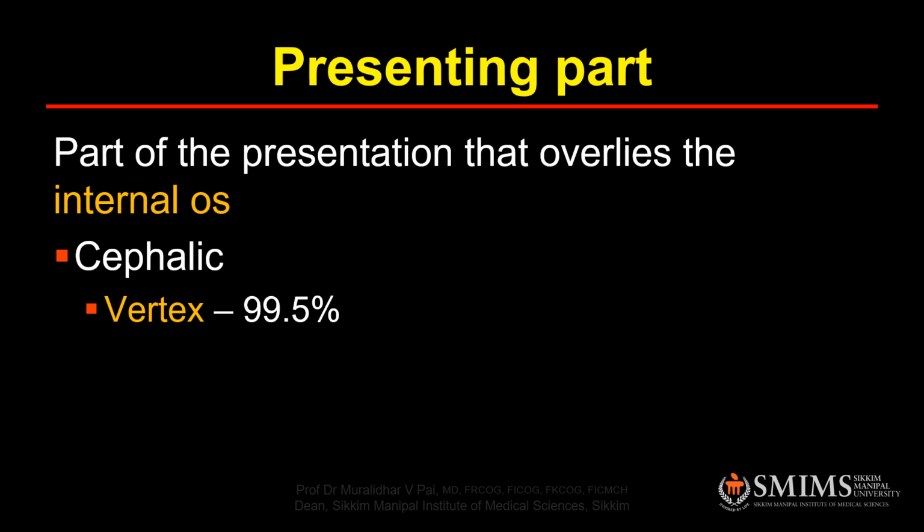Vertex is an area bound anteriorly by anterior fontanelle, posteriorly by posterior fontanelle, and on the sides by parietal eminences. Brow is an area which is bound between glabella and the frontal eminence. Face is the area between the chin and the glabella.